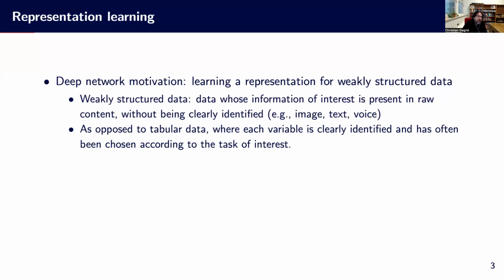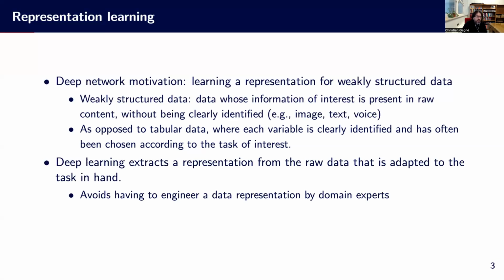If we are able to extract 25 different variables, and we think each of these variables would be useful for the classification task at the end, then we can just use, for example, an SVM on that, and that will work well. So we don't necessarily need deep neural networks to deal with such tabular data, but if we need to deal with images, usual approaches will not work really well.